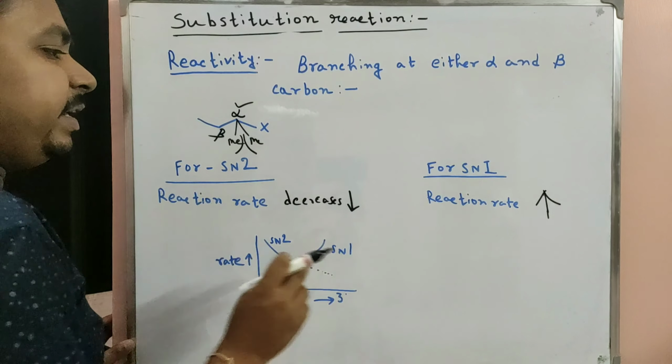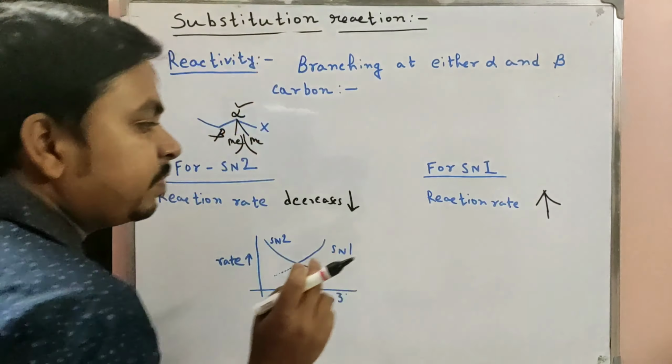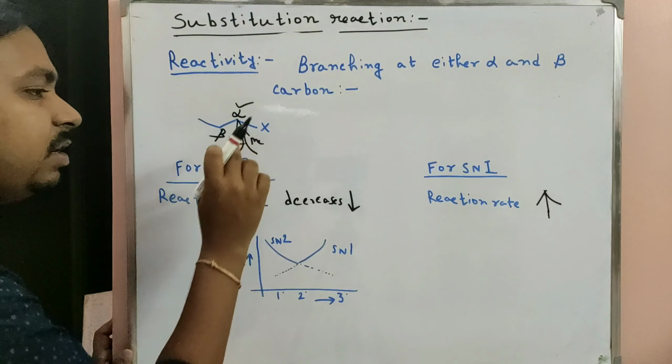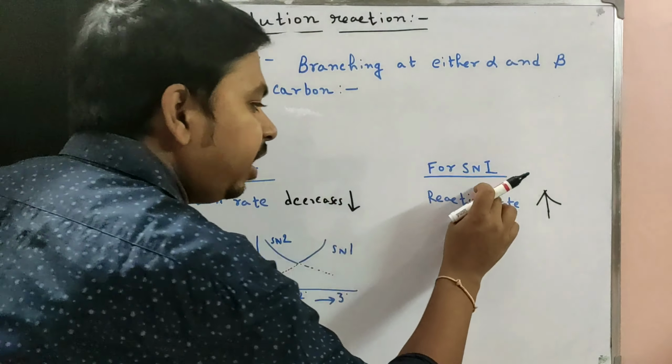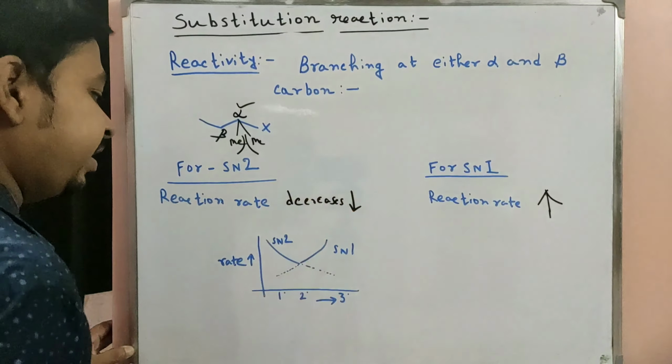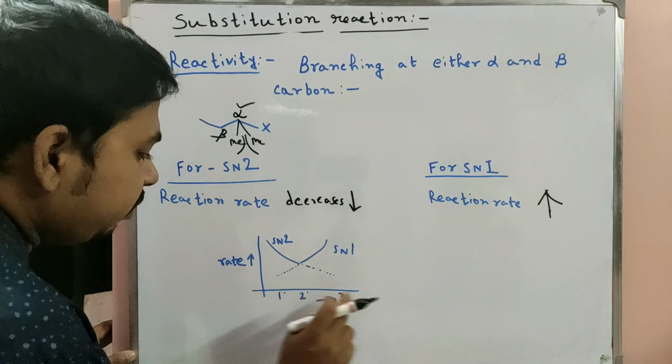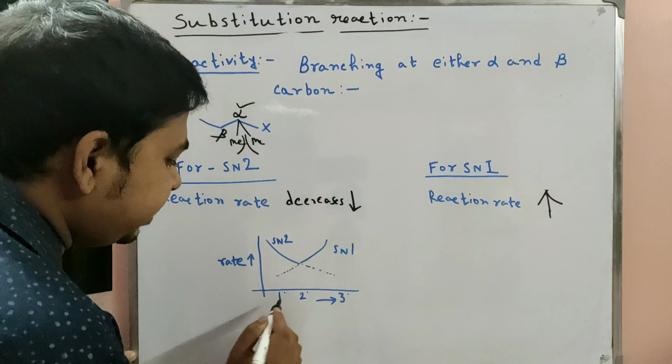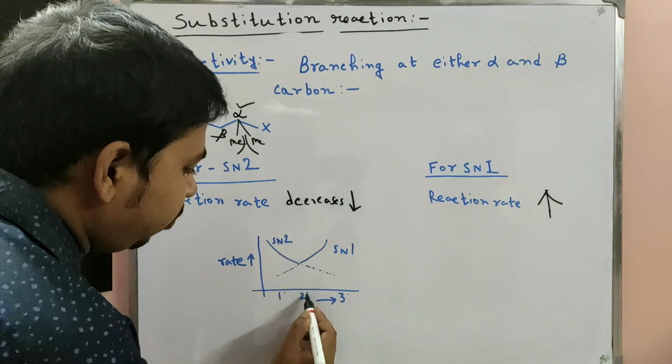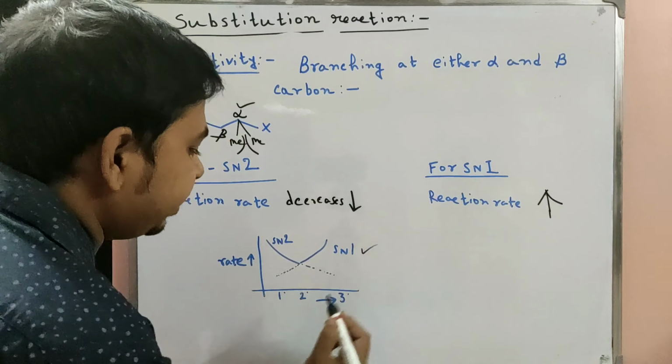And in the case of the SN1 reaction, steric hindrance is not a factor because the reaction goes through a carbocationic intermediate. So when we follow this graph, the SN1 reaction rate increases from 1 degree to 2 degree to 3 degree carbocation.